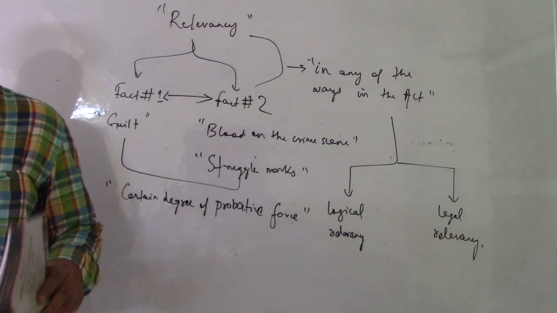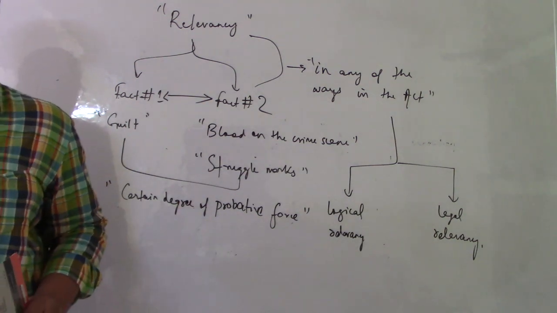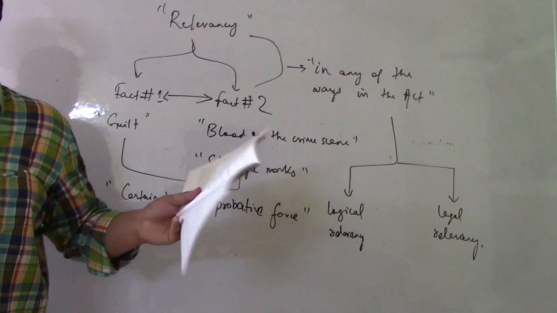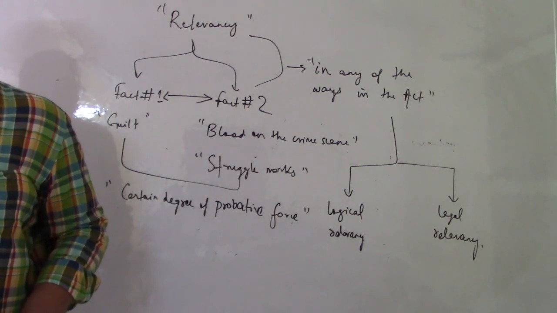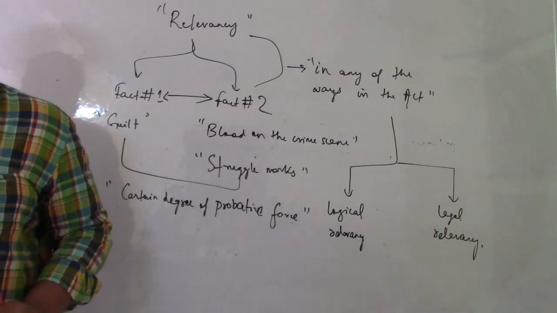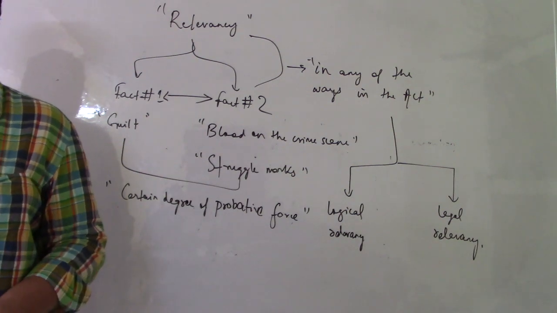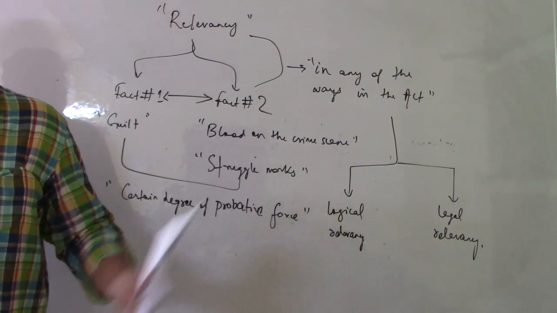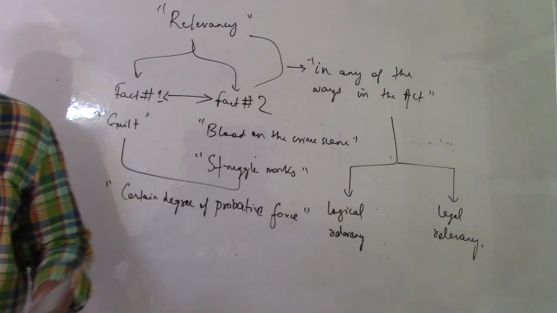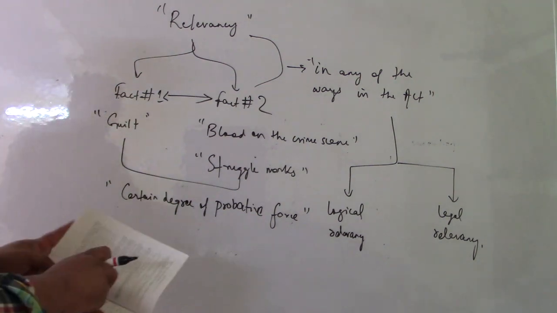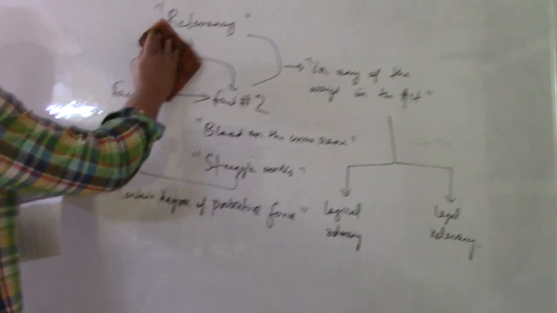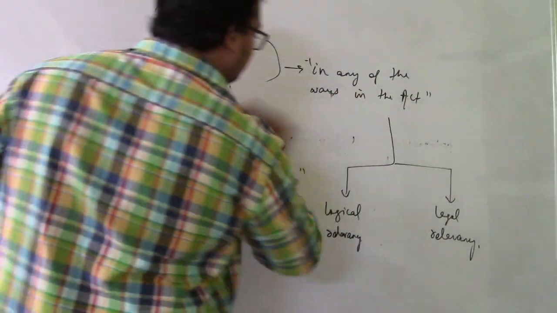That means that even if it might be logically relevant, because the Act says it is not connected in any way with another fact, by clearly declaring that it is not to be admitted in evidence, that itself shows that it is not legally relevant. Clear? You can cite that as an example. I'm not writing that on the board. Okay.